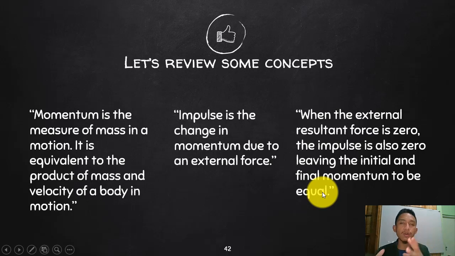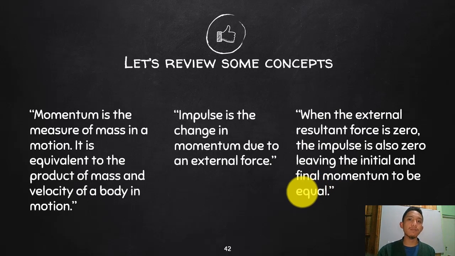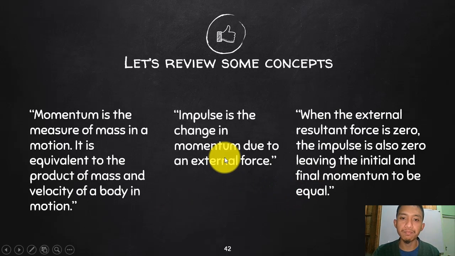As I've said in the law of conservation of momentum, if you have a body in motion and a lot of external forces act at the same time, but the computed resultant is zero, then the motion will still be constant, even if there are external forces. So these are the important concepts in impulse and momentum.